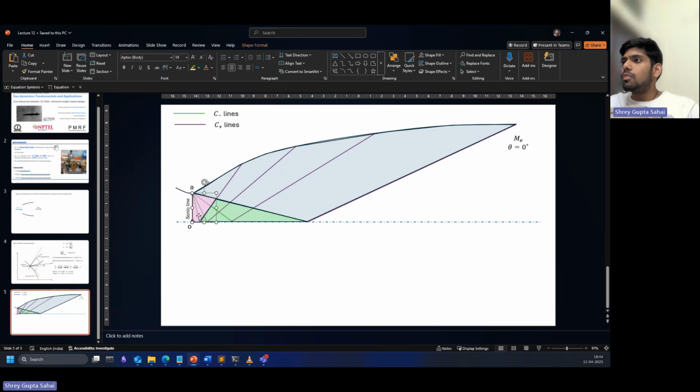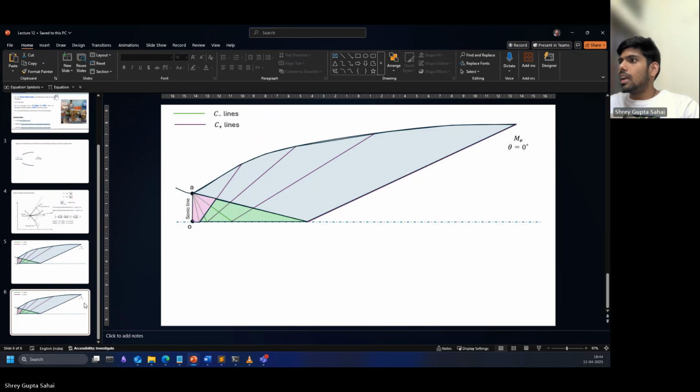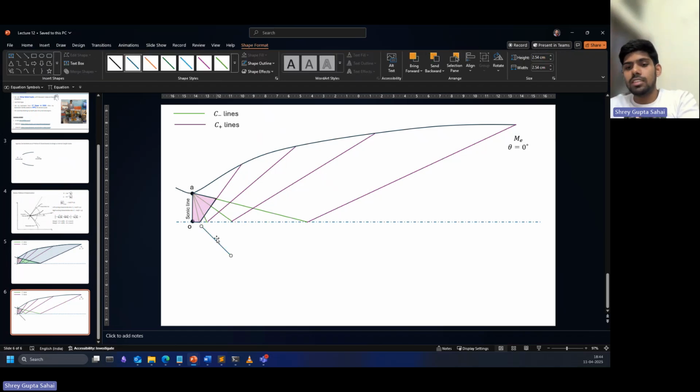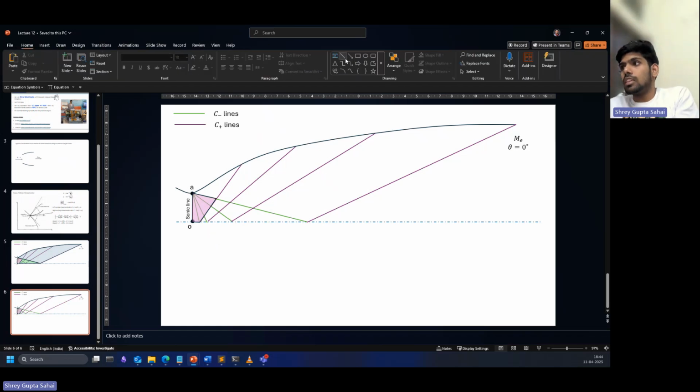Let me make a copy of this, and let's only focus on this part. The first point is the point at which the first characteristic line reaches the center line.